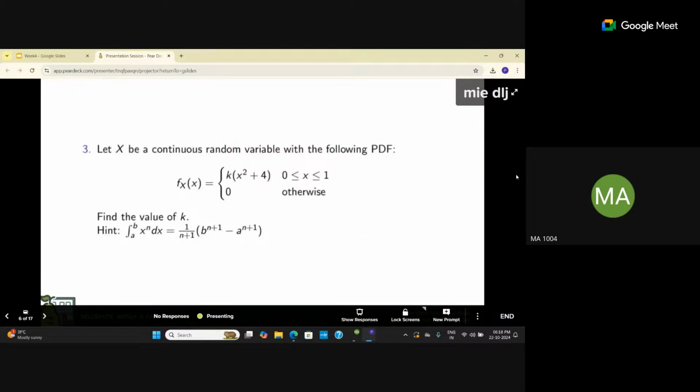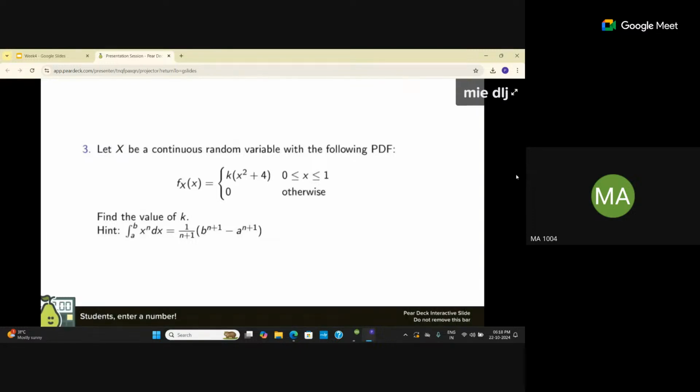So this is: let x be a continuous random variable with the following PDF. Okay, so the PDF is given to you. You have to find the value of k.